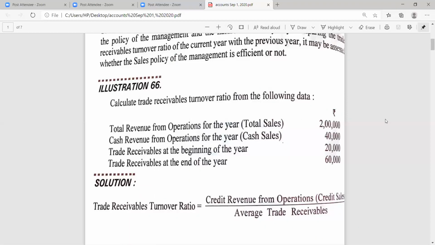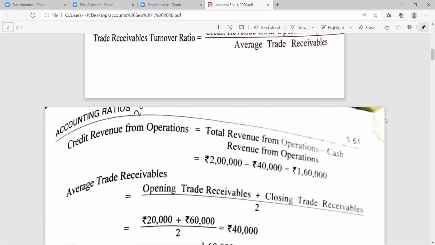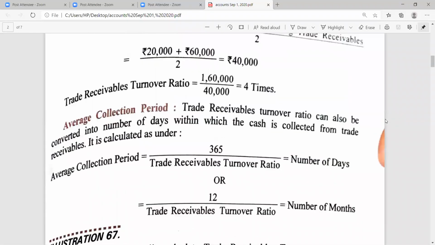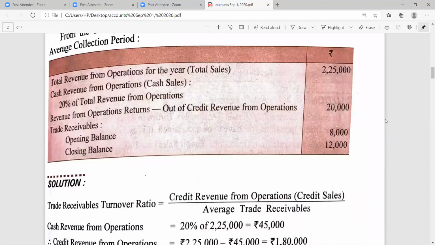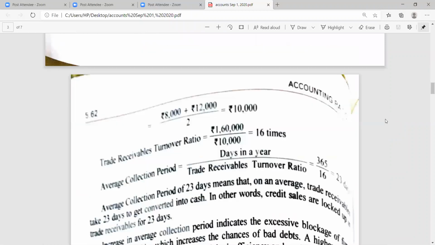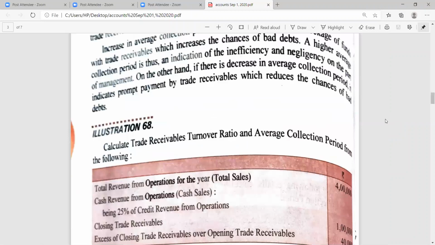In the next question, we came to know how it is to be calculated if the percentage of credit sale or cash sale is given to us. In one question we took the percentage on the total sales, and on that basis we calculated the cash sale. In another question, we also calculated the cash sale, but the percentage was not on the total sale. Instead, it was on credit revenue from operation.